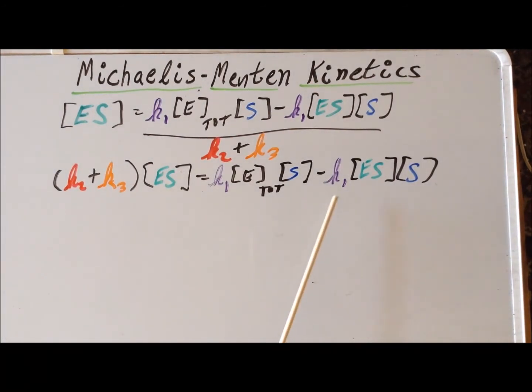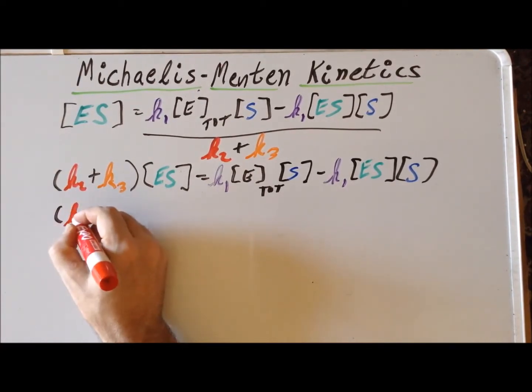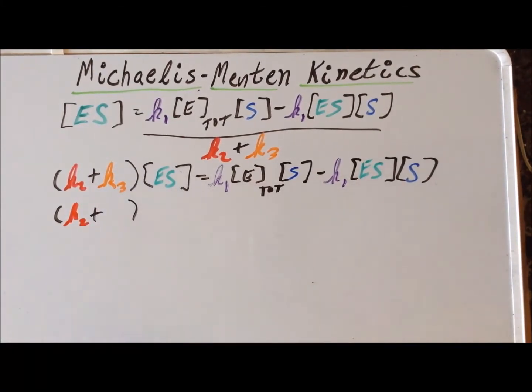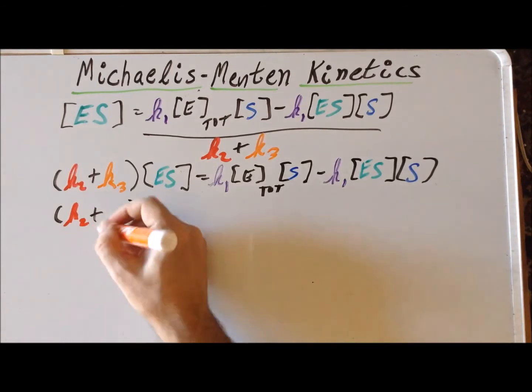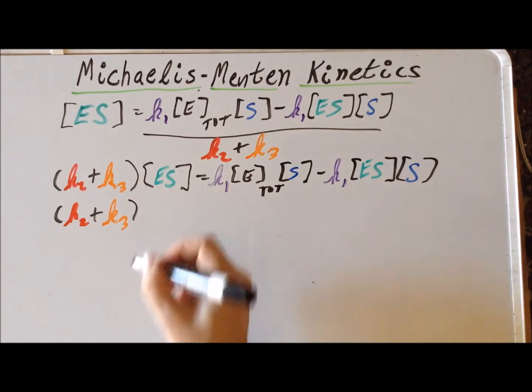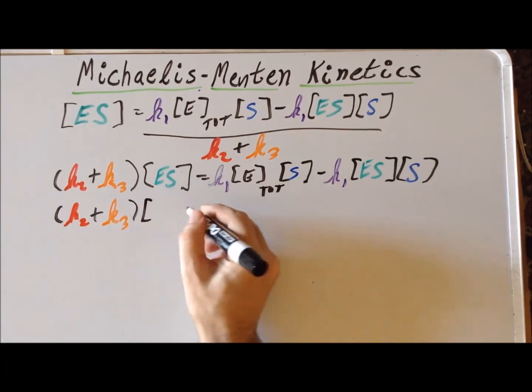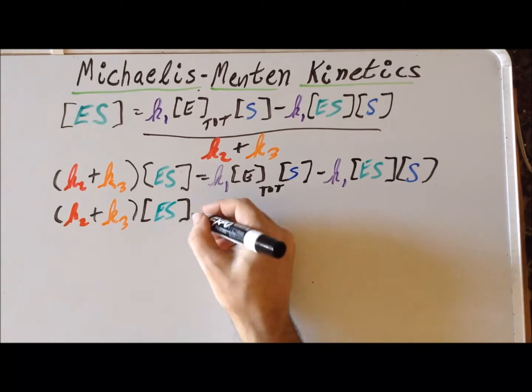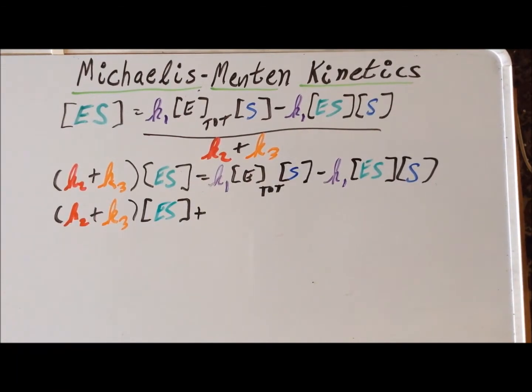Next, we want to add K1 times the concentration of the ES times the concentration of S to each side. And that will give us K2 plus K3 times the concentration of ES, and then we add to that the rate constant K1.